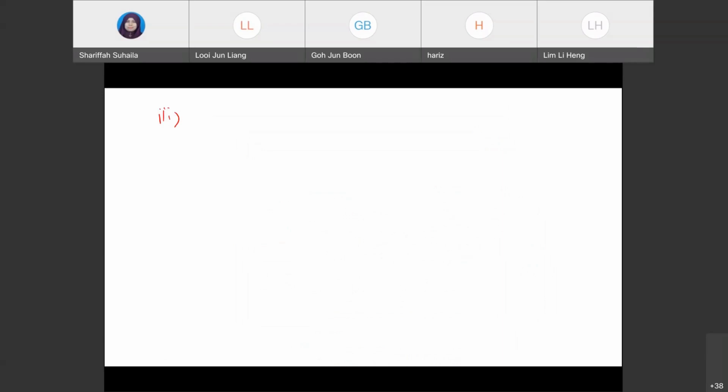So let's say we have X1 normal with mu1 and sigma1 square, next X2 normal with mu2 and sigma2 square, up to X16 normal with mu16 and sigma16 square.